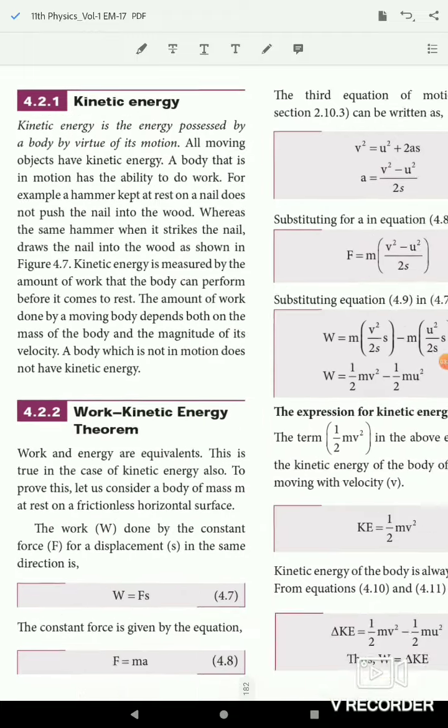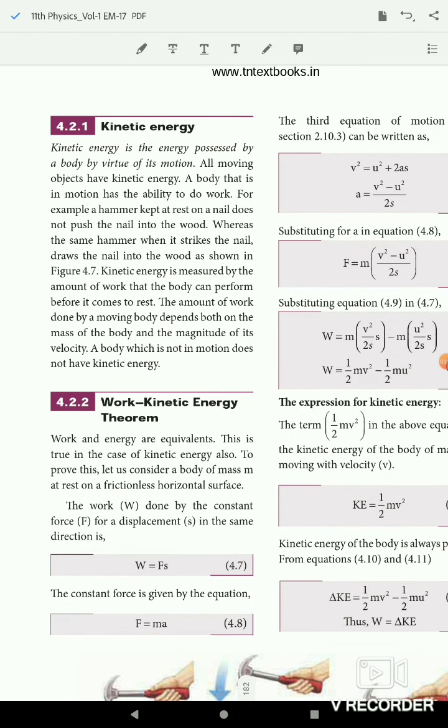The kinetic energy is the energy possessed by a body by virtue of its motion. All moving bodies have kinetic energy.